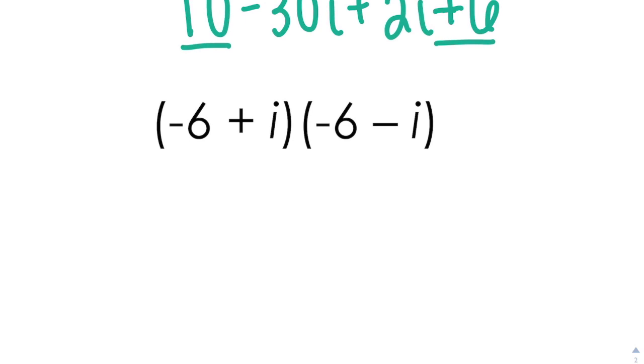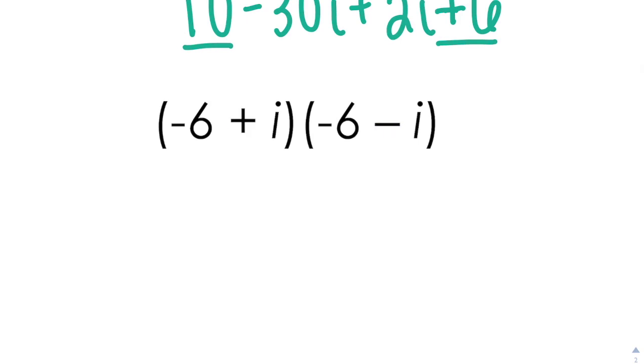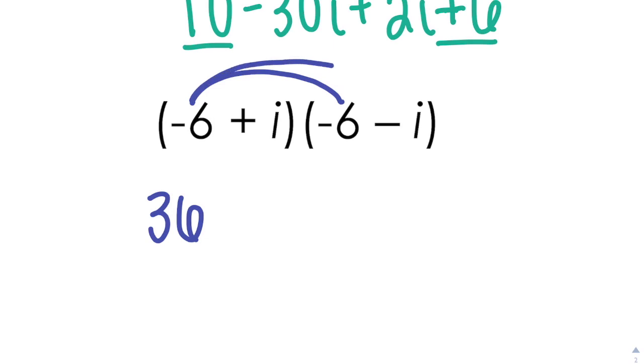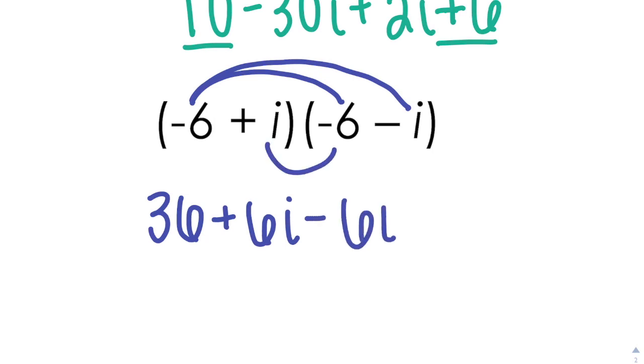Over here, if you notice, the only change in these two problems is that this is a plus and this is a minus. That's it. If I'm still going through the steps, negative 6 times negative 6 is 36. Negative 6 times negative i is positive 6i. Positive i times negative 6 is negative 6i.